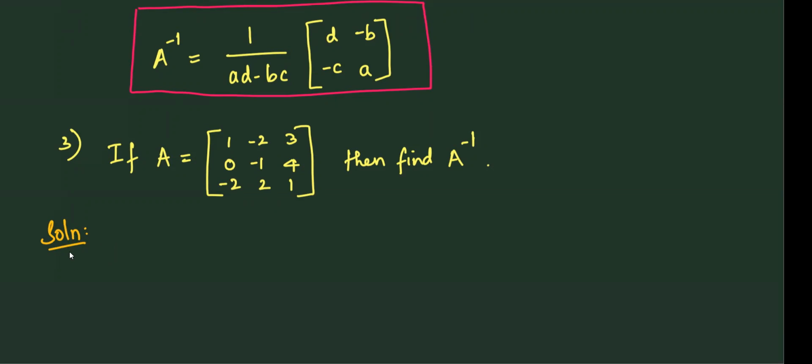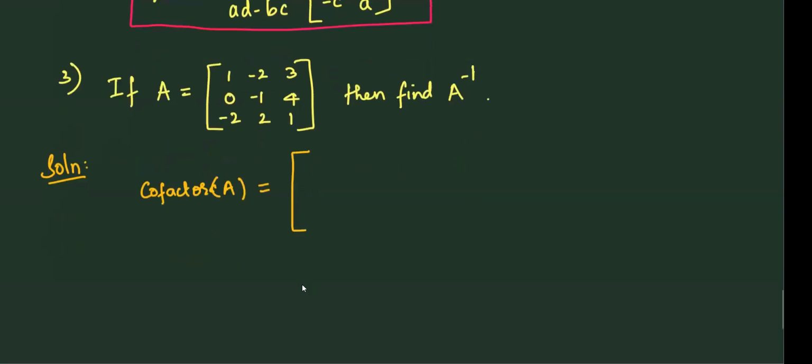Write its cofactors and then find the determinant. Cofactors of A and then write adjoint. Now what is the cofactor of 1? It is the determinant of this submatrix: minus 1, 4, 2, 1. So minus 1 into 1 is minus 1, minus 8. So minus 9.